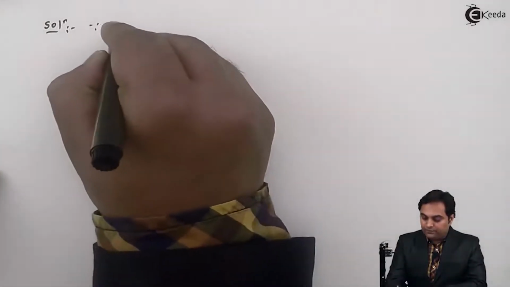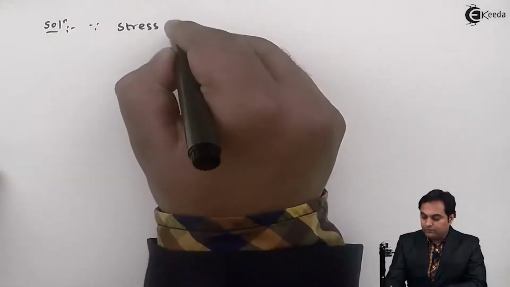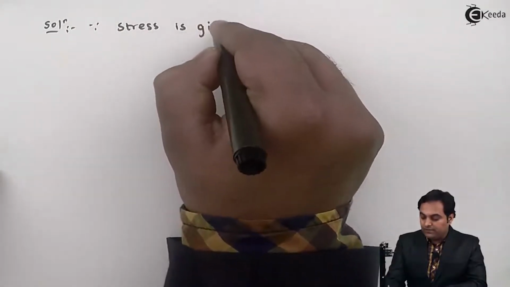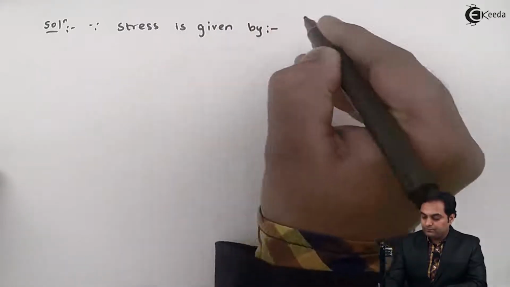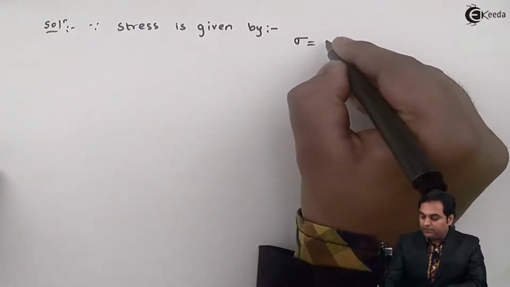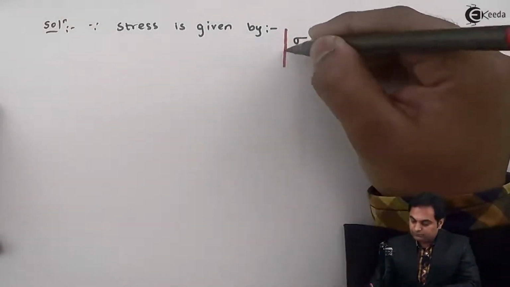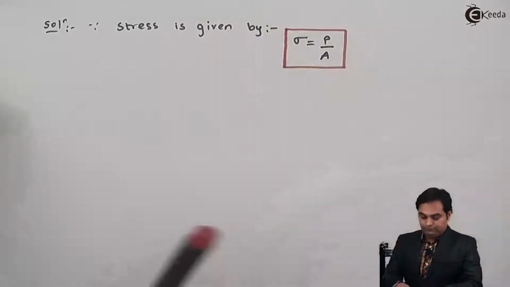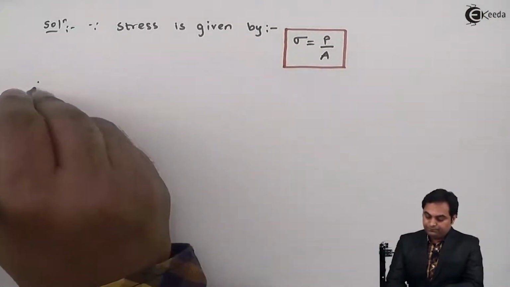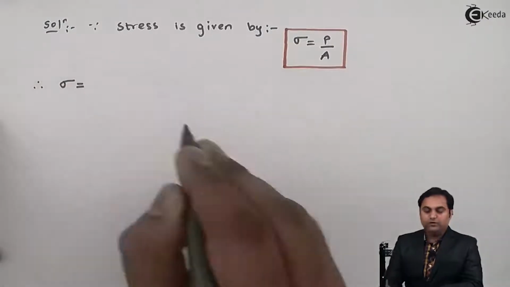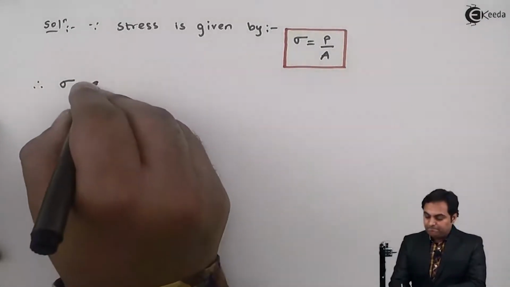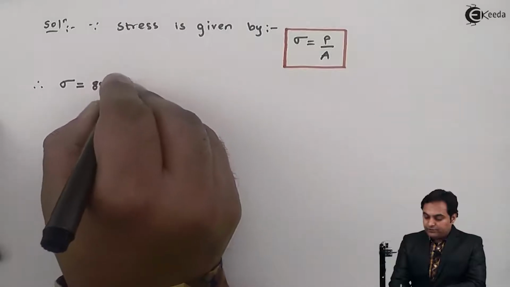As the first question is stress, so I'll start with stress. Since stress is given by sigma is equal to P upon A, therefore sigma will be equal to P is given, 89 into 10 raised to 3.